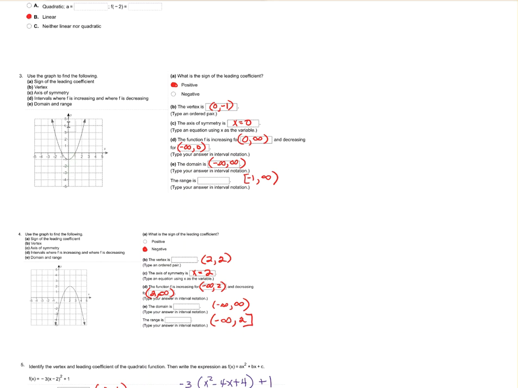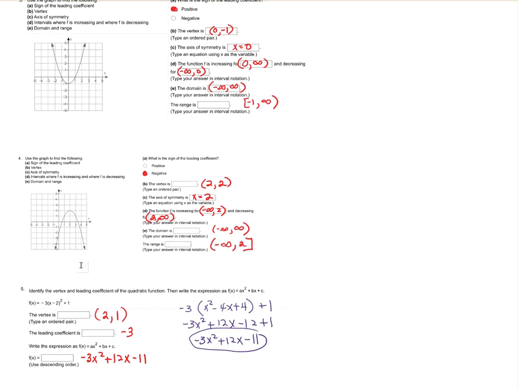The axis of symmetry goes through the vertex at that x value, so it's x equals 0. It is increasing from here on, so that's 0 to infinity. It's decreasing from here to here, so that's negative infinity to 0. The domain is all reals, so negative infinity to infinity. The range begins at negative 1 and goes up. That'll have a bracket because negative 1 is included, and it goes to infinity.